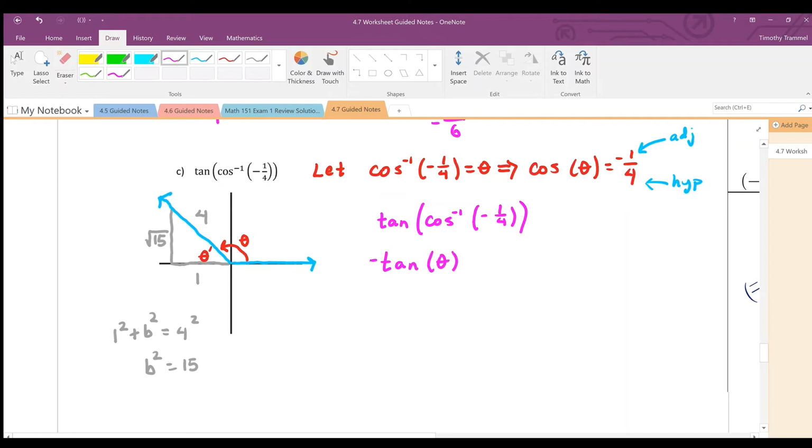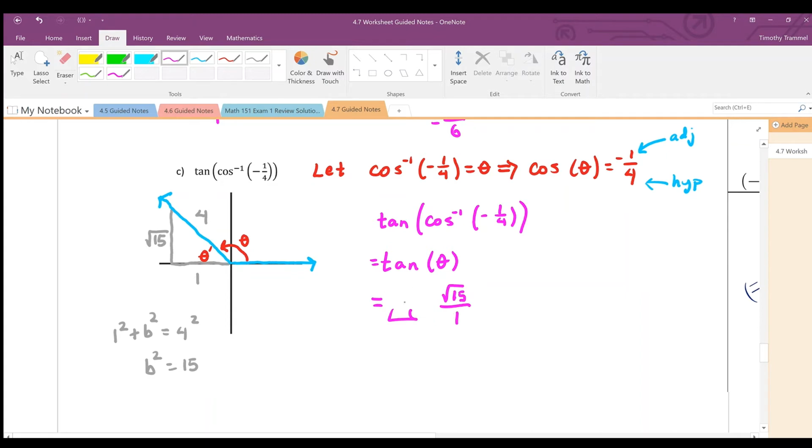And I have a picture of theta over here, and it corresponds to this right triangle. So if I want to figure out what tangent of theta is, other than potentially the sign plus or minus, we know that tangent of theta should be the opposite side over the adjacent side, TOA. So I'll have this square root of 15 over 1.